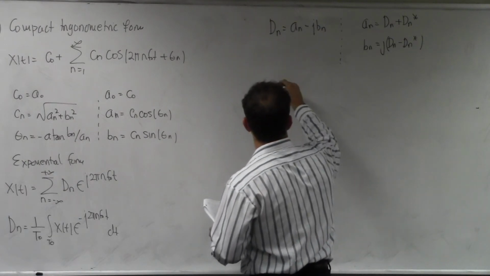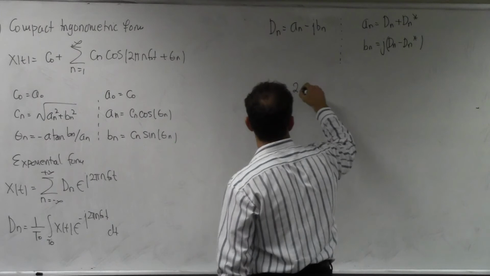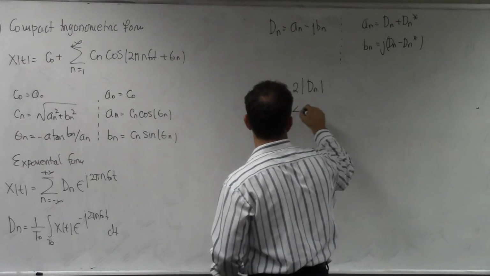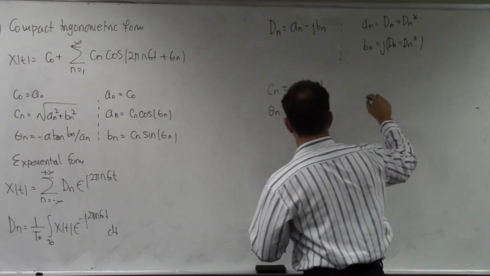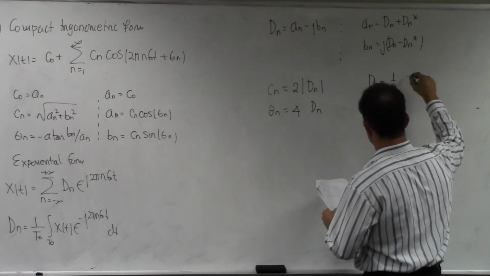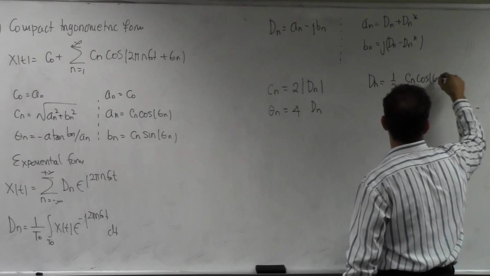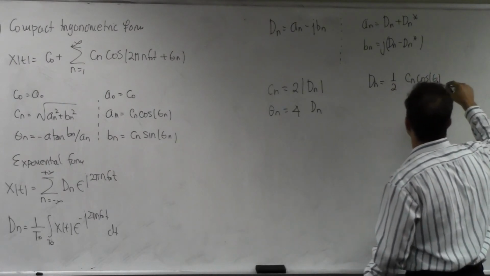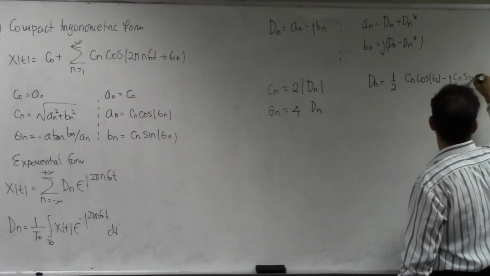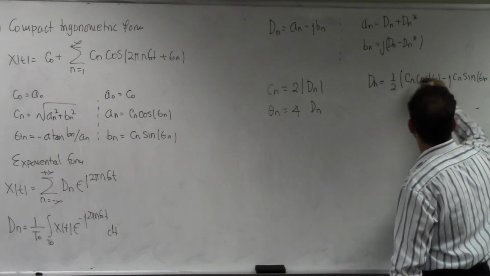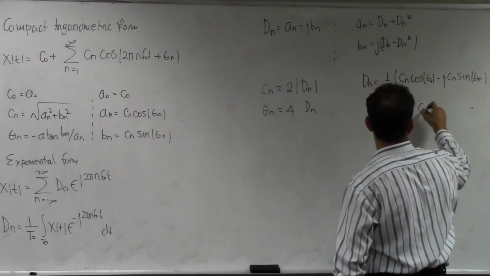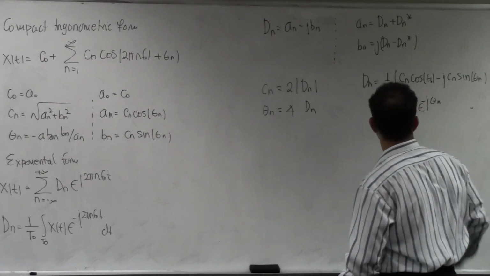You can say that Cn is equal to 2 times the magnitude of Dn, and theta n is equal to the angle of Dn, and backwards, Dn is going to be equal to 1/2 Cn cosine theta n minus j Cn sine of theta n, which is the same as 1/2 Cn e to the minus j theta n.